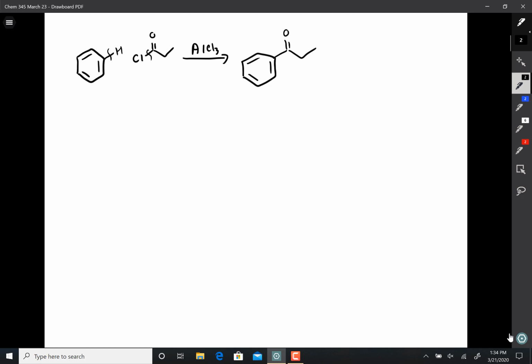On Friday, we talked about a very good way of adding carbons to aromatic rings: Friedel-Crafts acylation. Essentially we cut the hydrogen off the benzene ring, cut off the Cl, and add them together. Which hydrogen is replaced depends on what's on the ring already.